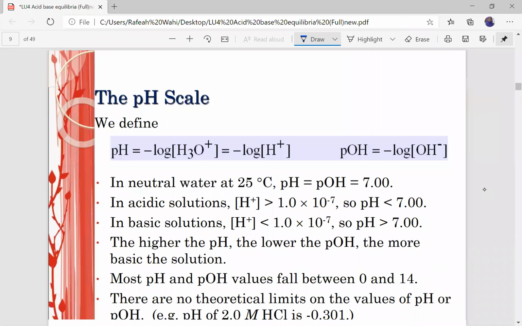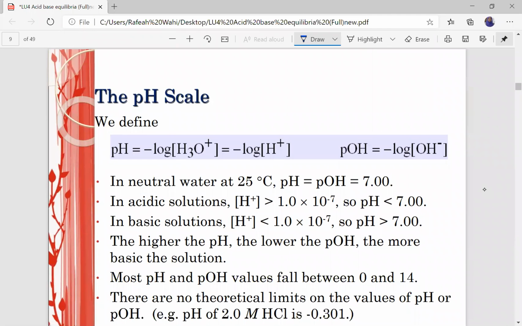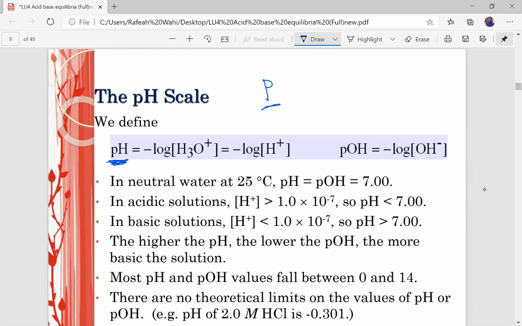Okay. We have learned the definition of acid and base, and also what a conjugate acid and a conjugate base are. Now we are going to move on to the pH scale. Okay, so pH is a function. Whatever we call P here is a P function, equal to negative log of anything.